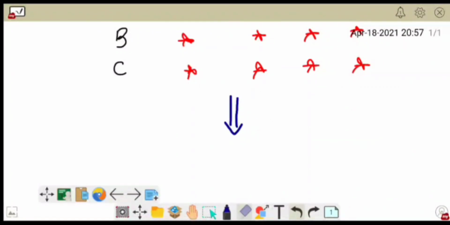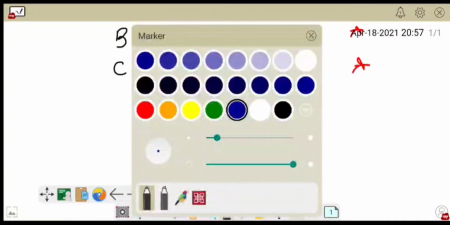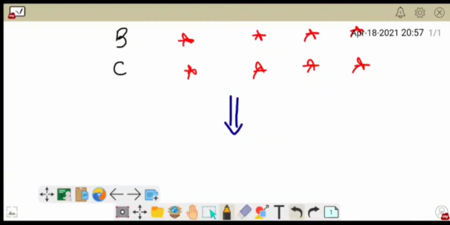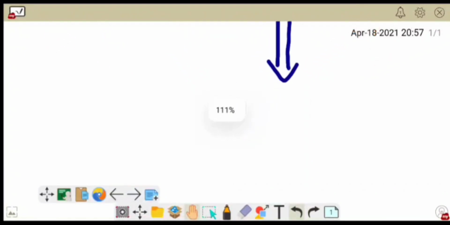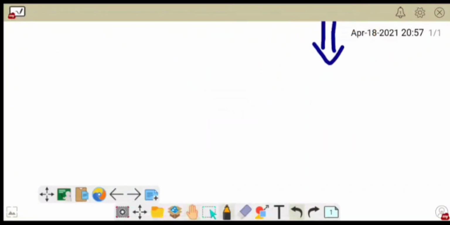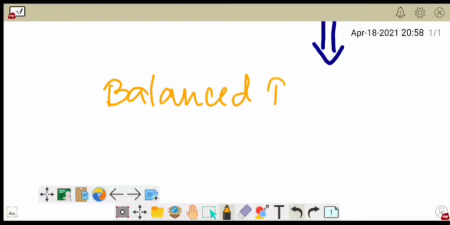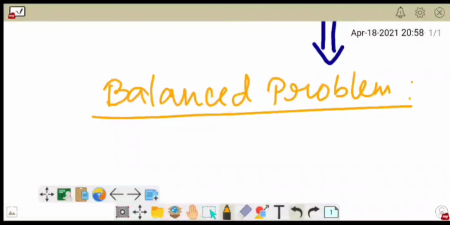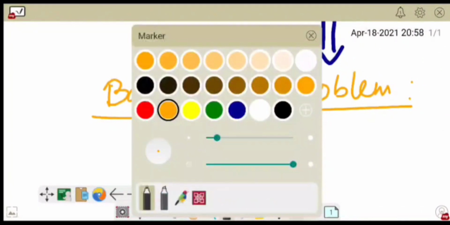Now we'll draw the balanced matrix problem.